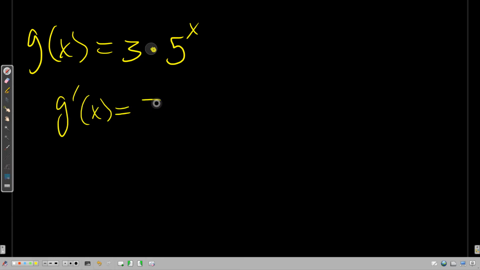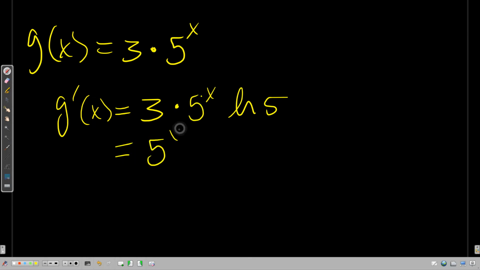G prime is just 3 times the derivative of 5 to the x. Well, that's going to be 5 to the x, natural log of 5. So maybe you see it like 5 to the x times 3 natural log of 5.